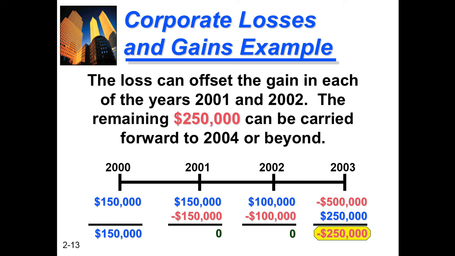That is, we have a loss in 2003 of 5 lakh rupees, so we can carry it back to 2001. In 2001, we had 1 lakh 50,000 profit, which we subtract from the 5 lakh rupees.